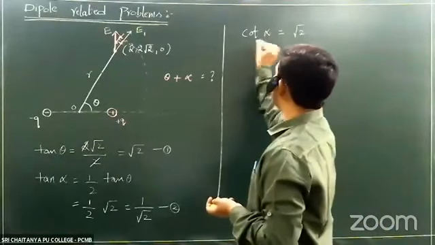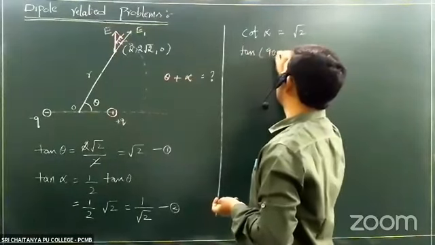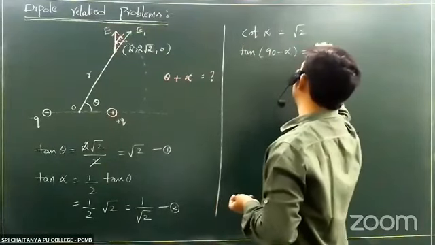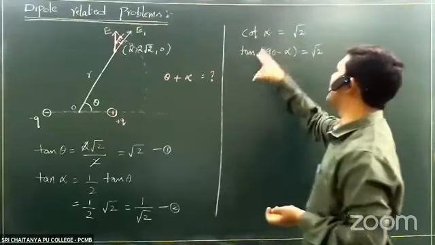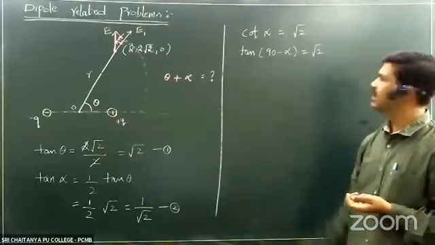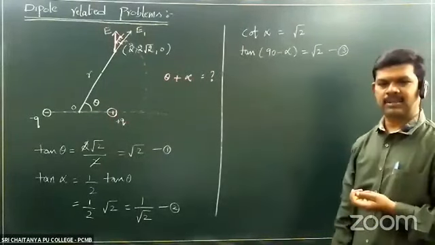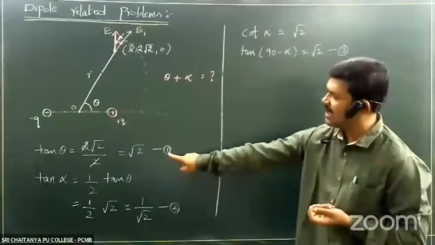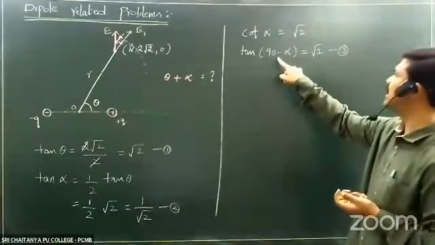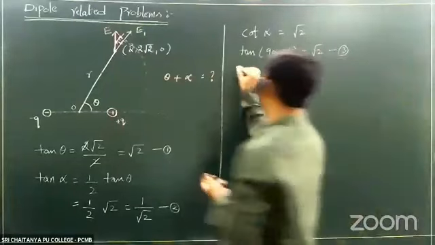But cot alpha can be written as tan 90 minus alpha, right? Which is equal to root 2. This third one. See here, tan theta is root 2, tan 90 minus alpha is equal to root 2, from 1 and 3.